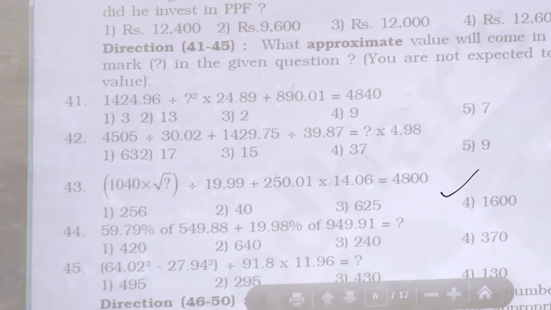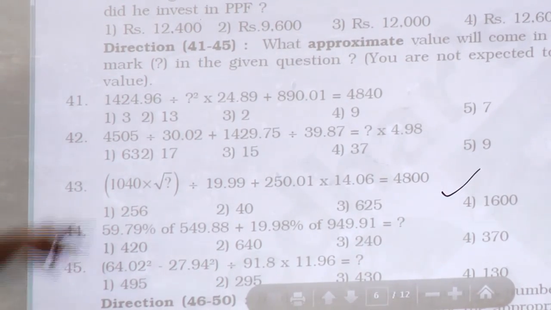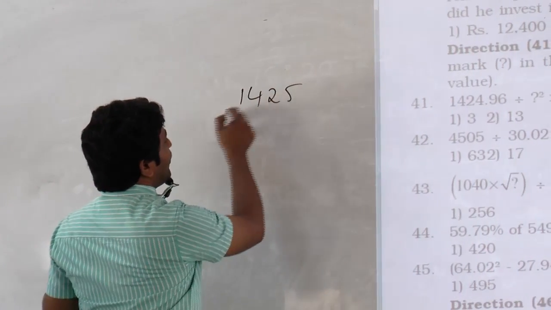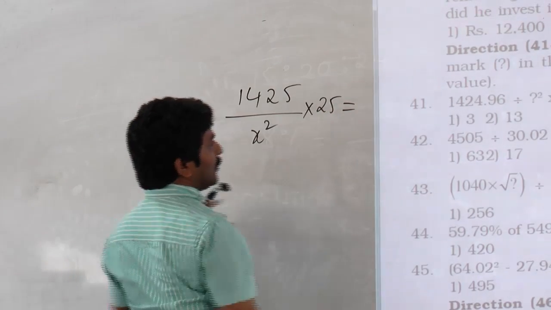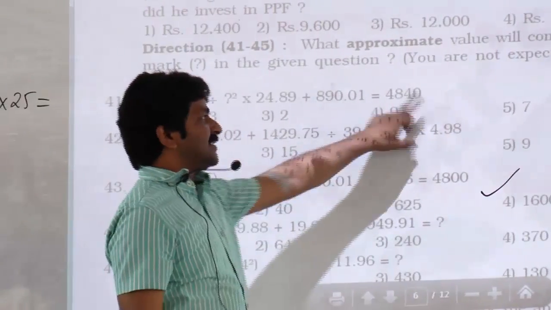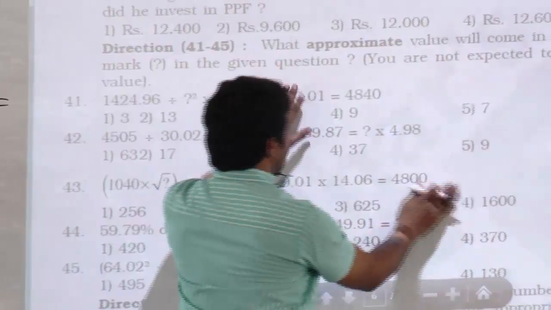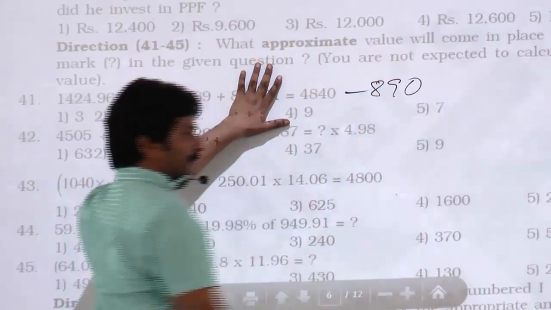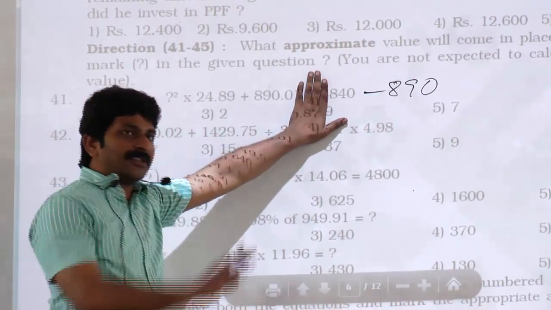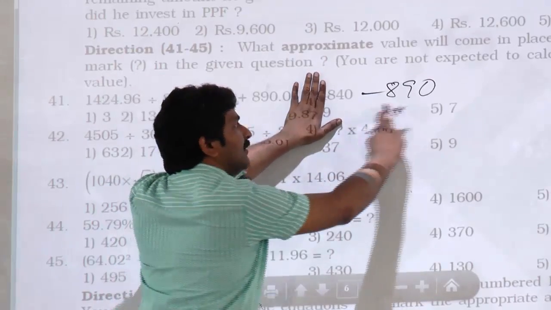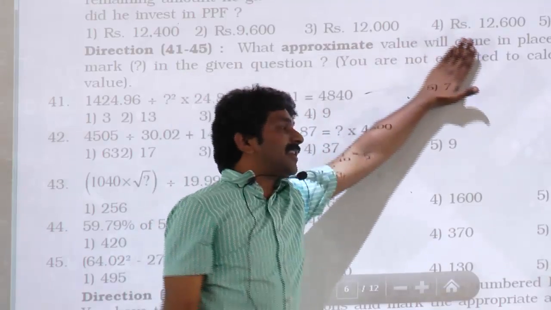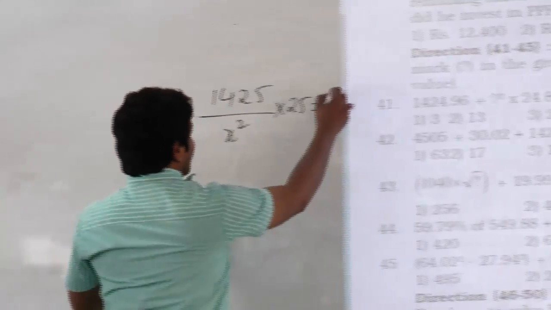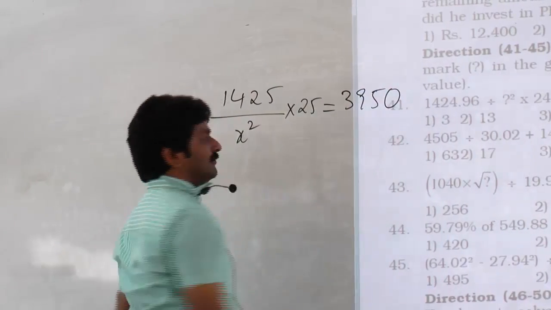Next, come on, how much is this? 25 divided by x square into 25 is equal to 4840 minus 890, right? So you need to subtract 890 from the right hand side number. Apart from 4000 you have 840. First subtract 840. You still need to subtract 50 from 4000. 4000 minus 50, 3950.